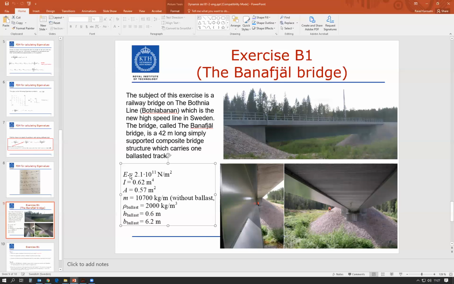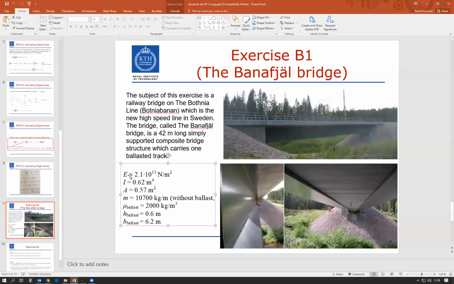So we started investigating the behavior of this bridge using sensors and FE models and so on. And also trying to come up with a retrofitting method to include, for example, dampers on the bridge.